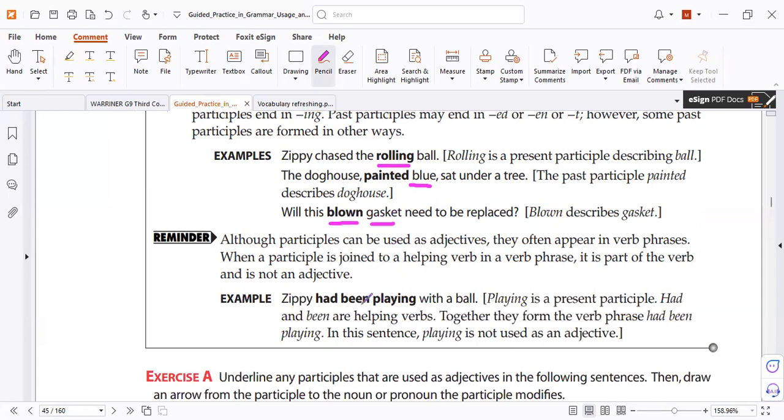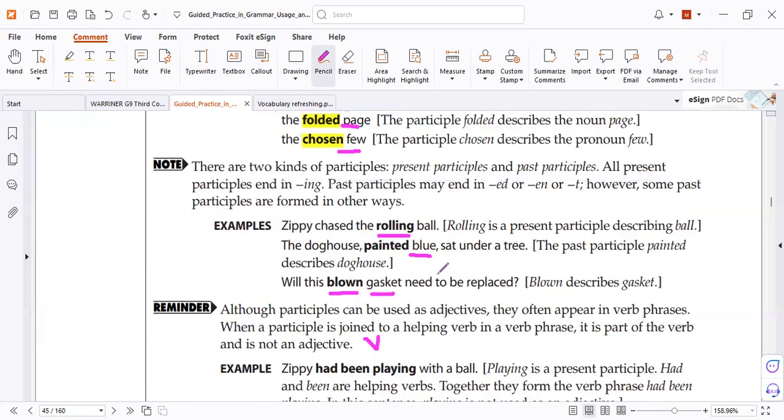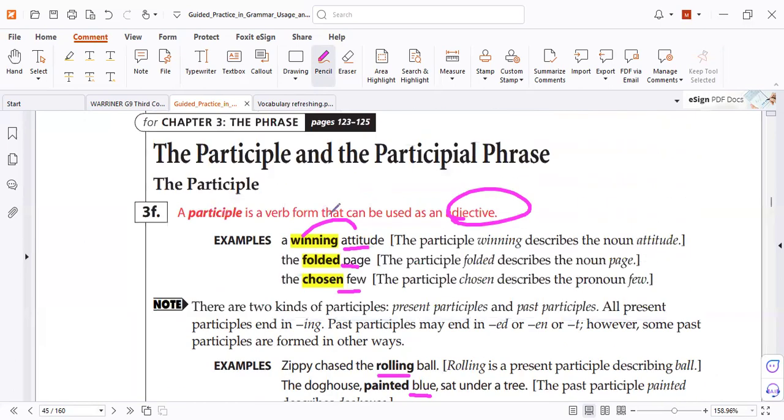But sometimes you can see a verb with verb plus ing. Yes, this is a present participle, but in the verb phrase of the sentence, this is a verb, not an adjective. It can be so if the tense is continuous: past continuous, present continuous, future continuous. So the participle can work as an adjective.